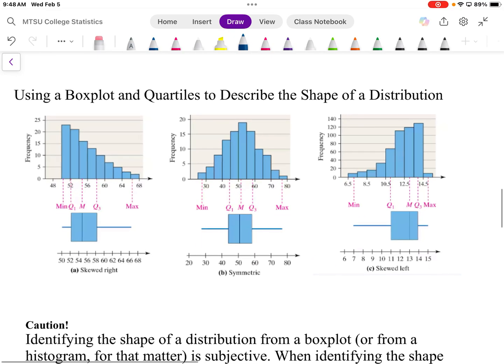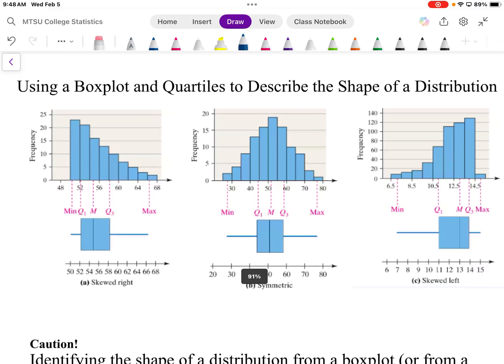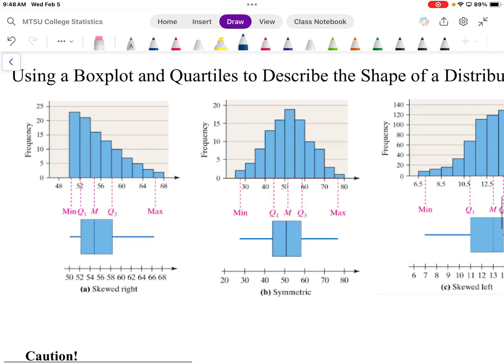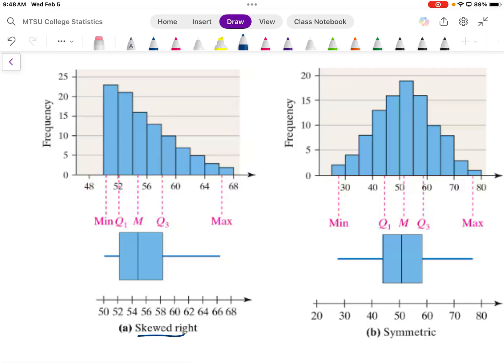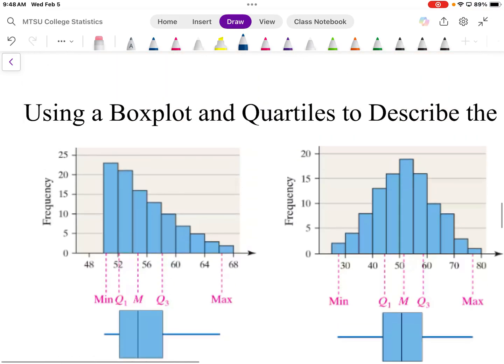So here we have the relationship between a histogram and our box plots. On the list, starting from left to right, when my histogram is skewed to the right, so it slopes down to the right, notice there's a lot more data on the left-hand side. There's a greater frequency of the data on the left compared to the right.